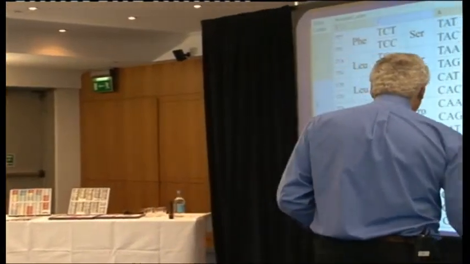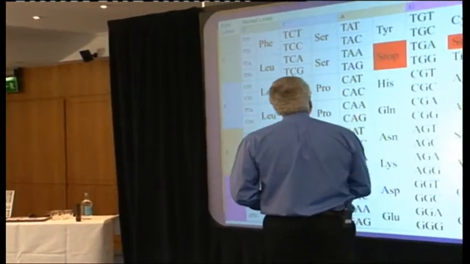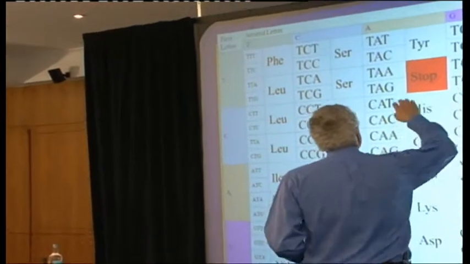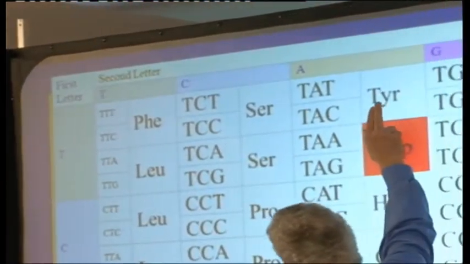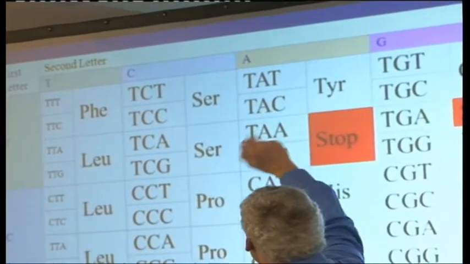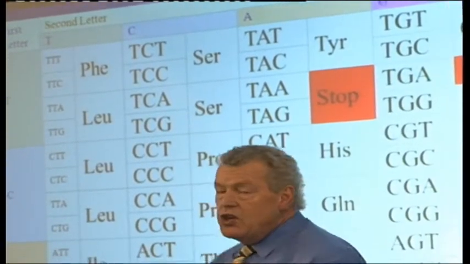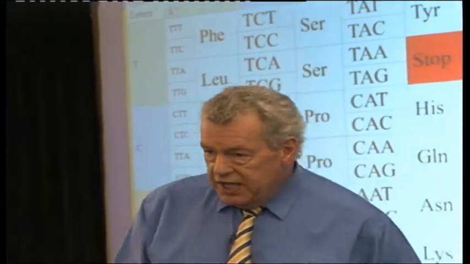Now, say we've got TAC, which encodes for tyrosine, the amino acid tyrosine. Now, because of an injury to the cell, to the nucleus, because of a toxin or possibly a deficiency in the right nutrient, we've got an abnormality.